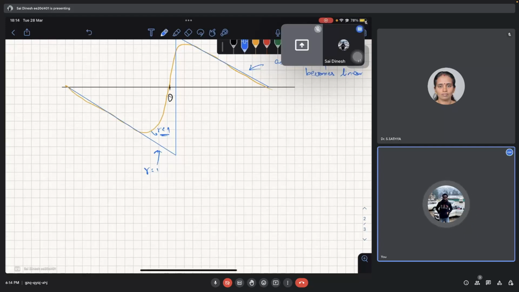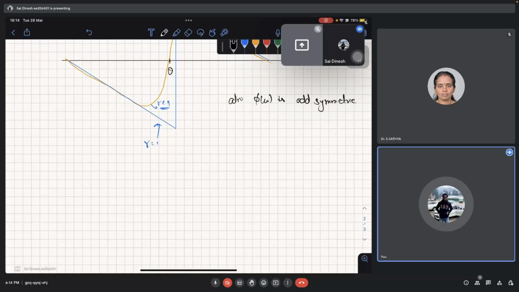Also phi of omega is odd symmetric, right? So the important features are: when R equal to 1, phase jumps by pi at omega equal to 0.